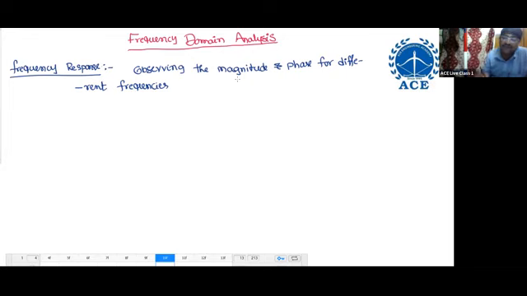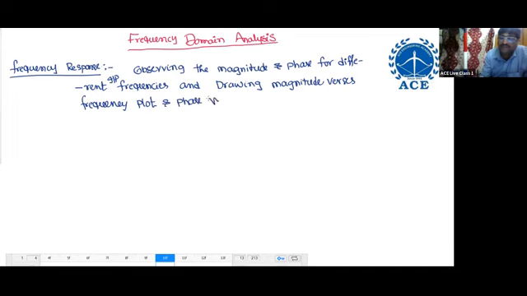Observing magnitude and phase for different input frequencies, and drawing the magnitude versus frequency plot and the phase versus frequency plot is called the frequency response.